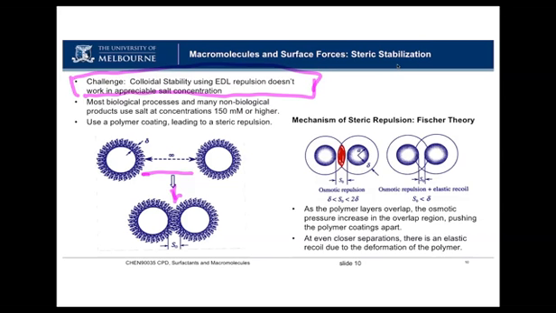And this is particularly when the brushes start to overlap initially, where maybe they're between two brush thicknesses away to one brush thickness away, so delta to 2 delta. You get this osmotic repulsion.